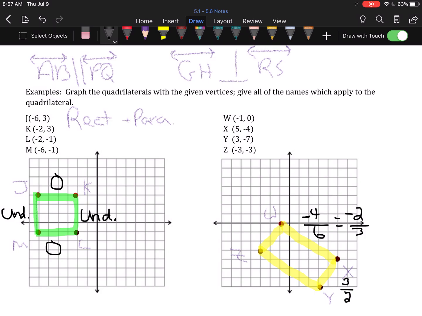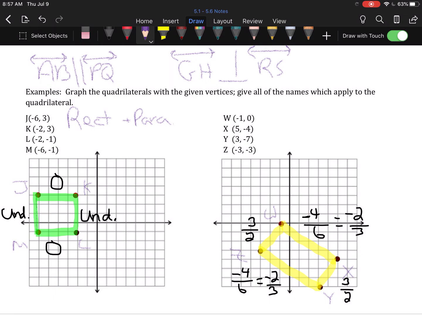For ZW, I go up 1, 2, 3, turn and come right 2. And for ZY, I go down 1, 2, 3, 4, and go to the right 1, 2, 3, 4, 5, 6. So down 4, right 6, which simplifies to -2/3. So what we have here, 3 halves and 3 halves, so WZ and YX are parallel. -2/3 and -2/3 are the same, so that means ZY and WX are parallel.